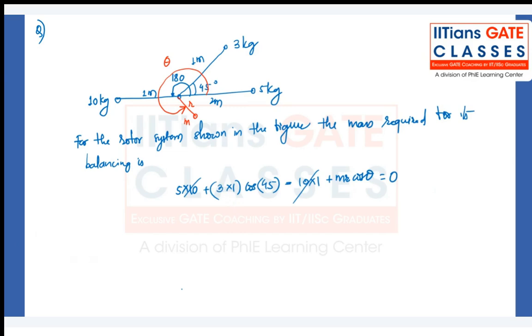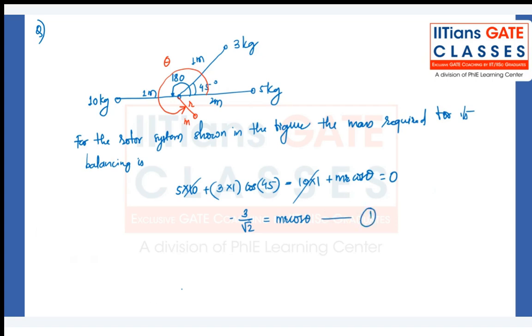Cos 45 is how much? 1 by root 2. So 3 by root 2, minus 3 by root 2 is equal to MR cos of theta.